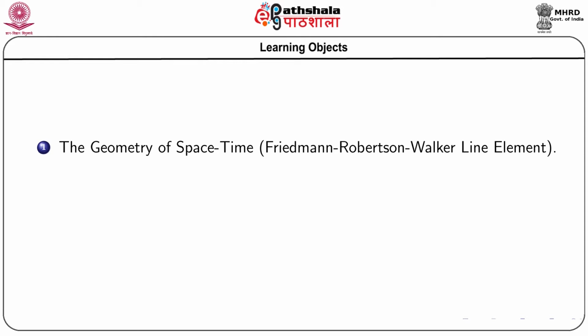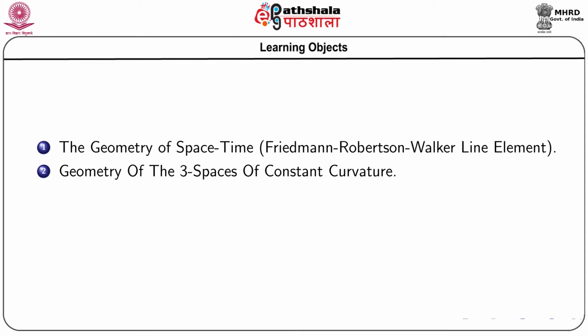Actually, here we shall learn the Friedmann-Robertson-Walker space time. Secondly, geometry of the three spaces of constant curvature. So, let us start the first one, that is the geometry of space time.